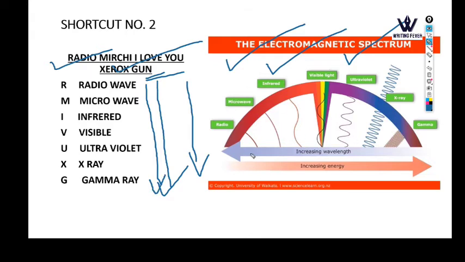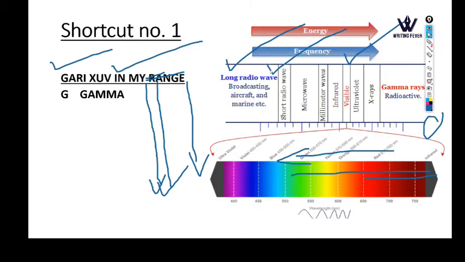You can also see it in the figure that shows that from radio wave to gamma ray, the energy as well as the frequency is increasing, and the wavelength is decreasing. That is, from gamma ray to radio wave the wavelength is increasing. So from these two shortcuts you can easily remember all this.